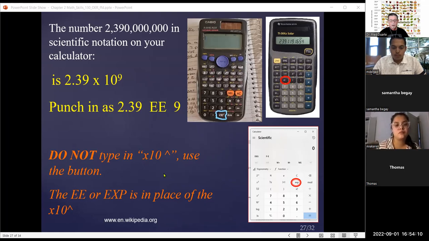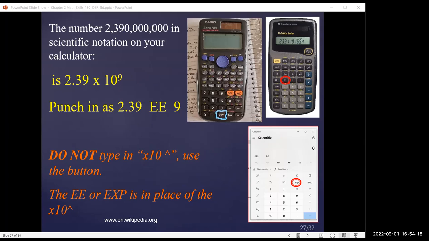What I'm going to do is share my calculator, clear it up a little bit, and input that number.